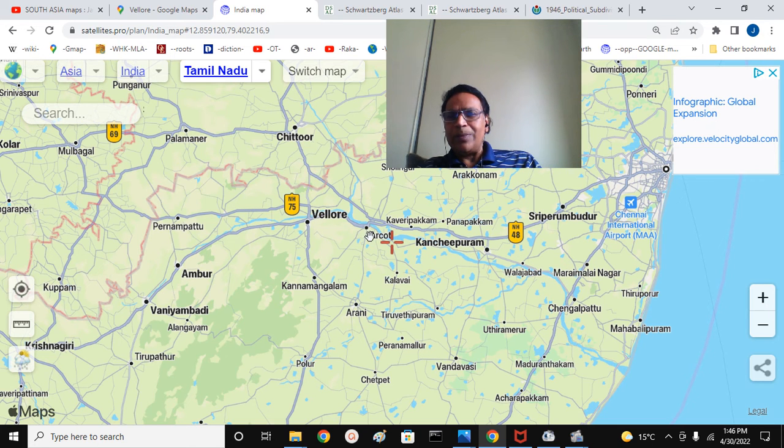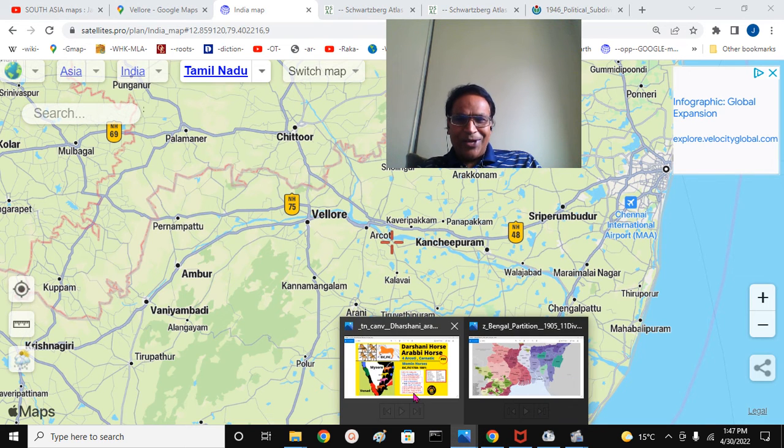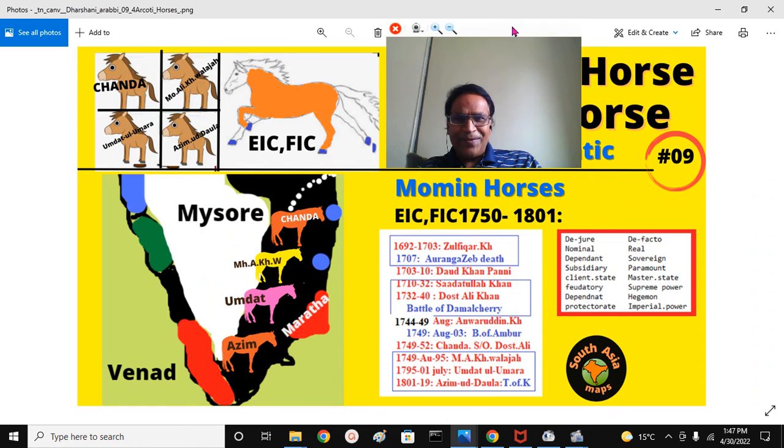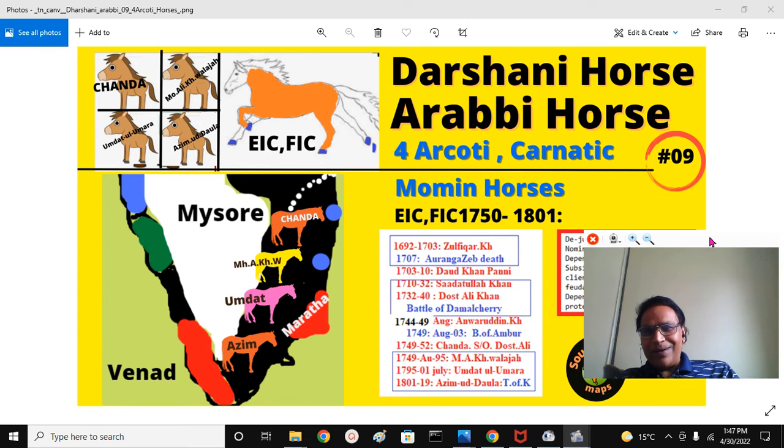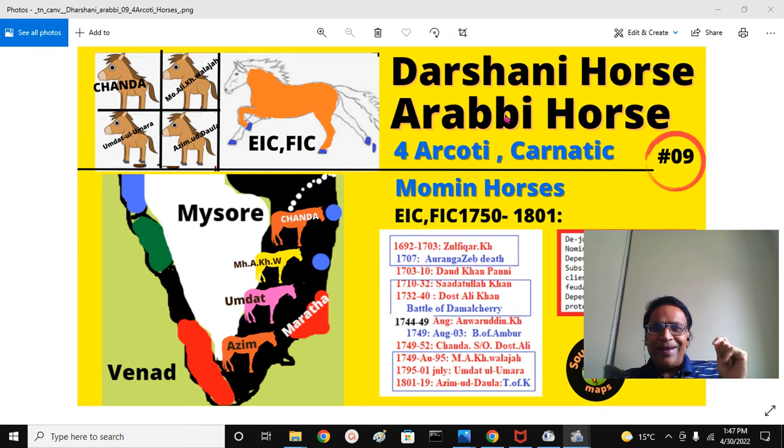East of it and the Palar we see Arcot, that is the capital of Nawabs of Arcot, and Kanchipuram and Chengalpattu, Madurantakam, and all those regions. That is the fascinating talk about the four Dakkani horses, Arcoti horses, Arcot Nawabs, Carnatic horses, Carnatic Nawabs.